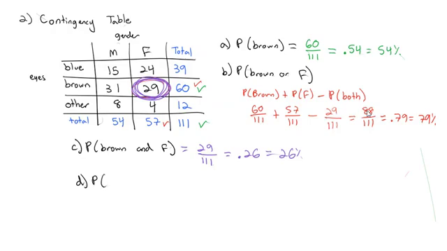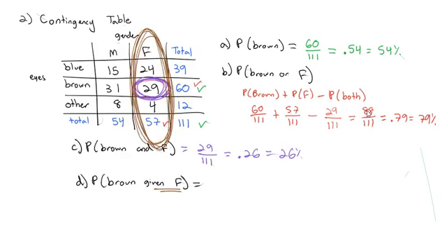Let's do a given. The probability that they have brown eyes given that they are a female. Now again, what the given says is nothing else matters except the information that's given to us. Given female, all we're going to do is look just at the female column.